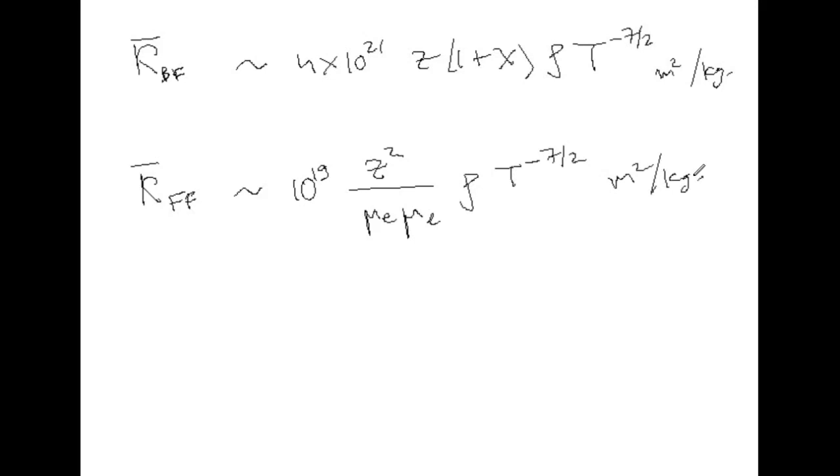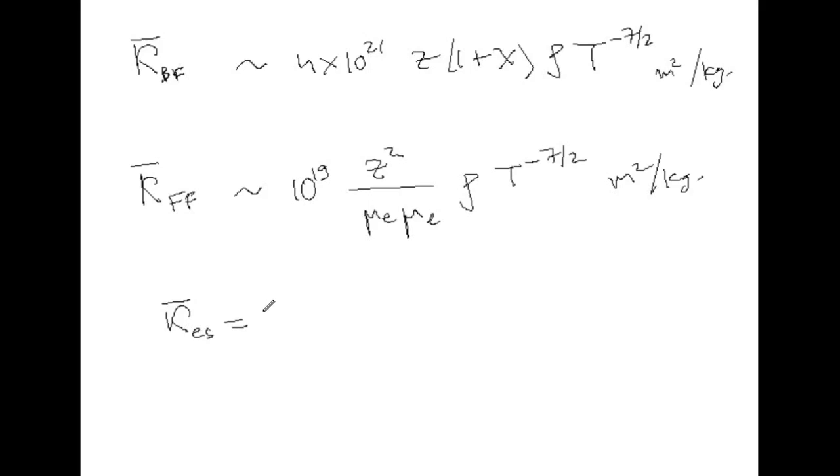Now what about higher temperature? At still higher temperatures, such as those found deep inside stars, where the atoms are all completely ionized, electron scattering is the dominant contributor to the opacity. As long as the average photon energy is well below the rest mass energy of the electron, this kappa average of electron scattering is simply the number of electrons per unit mass times the Thomson cross section of the electron.